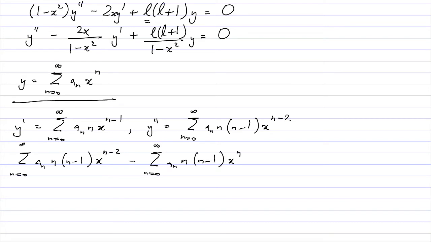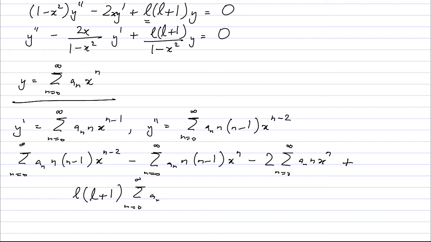Then you have minus 2x times y prime, that gives you the sum of 2n a_n x raised to power n. And then you have plus L times (L plus 1) times the sum of a_n x to power n. This has to be equal to 0, okay.